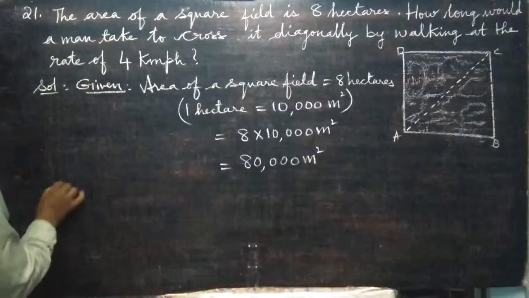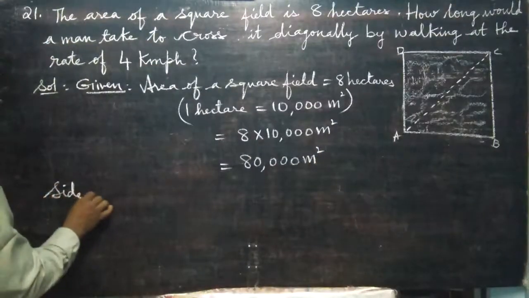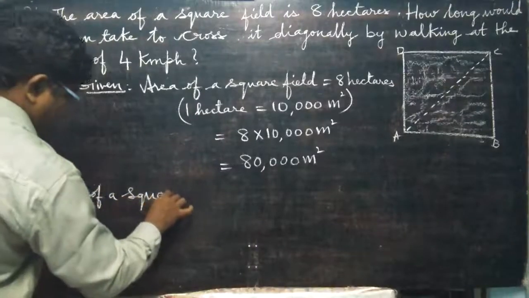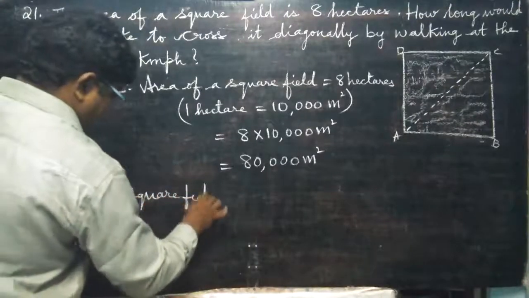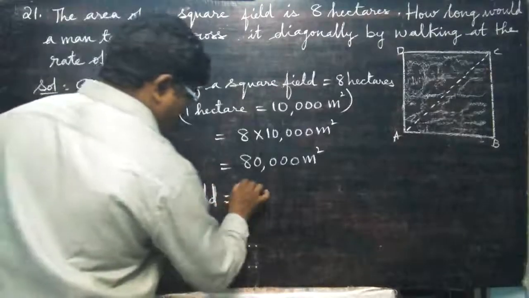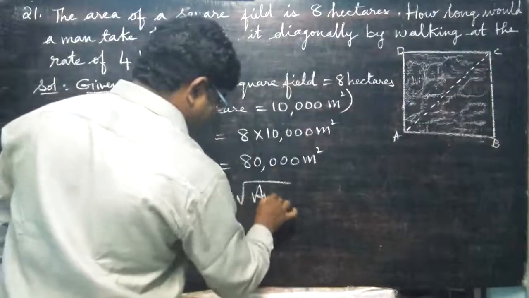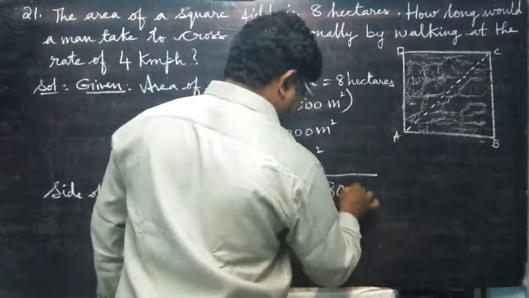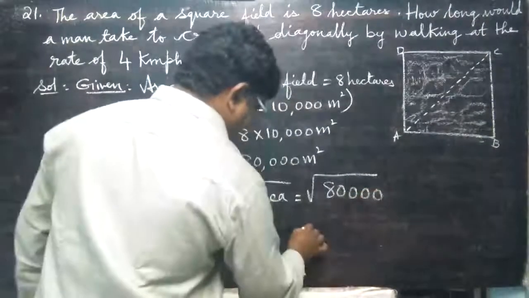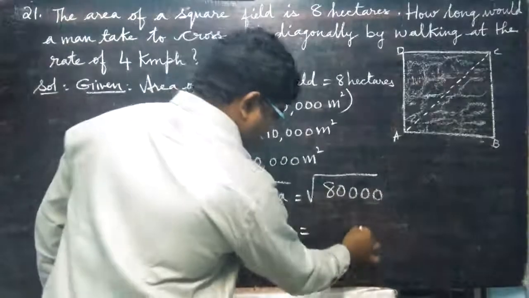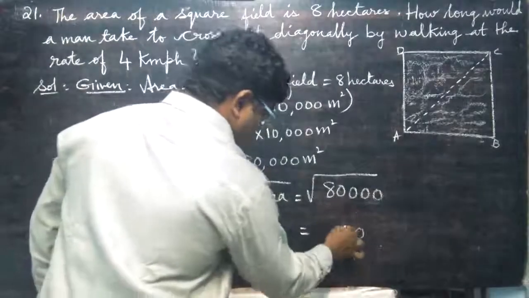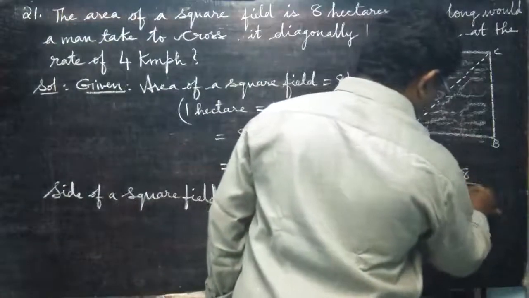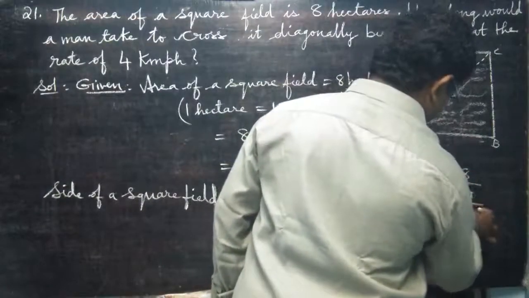Now find the side of a square field. What is the formula for side of a square field? Square root of area, that is equal to square root of 80,000. Now listen carefully. For 2 zeros, 10 will come outside. For square root of 8, 2 goes 4 times, 2 goes 2 times.